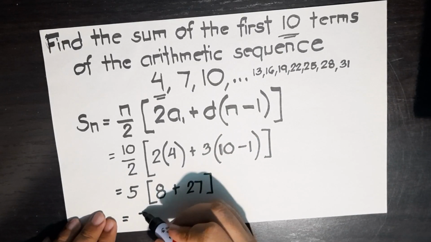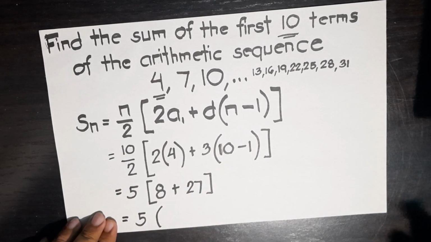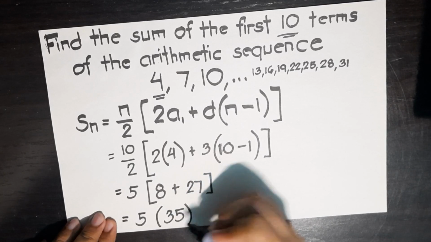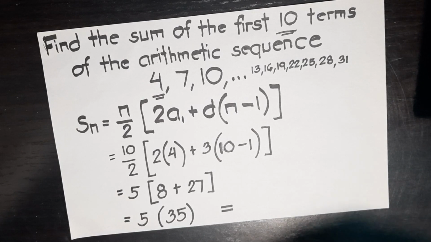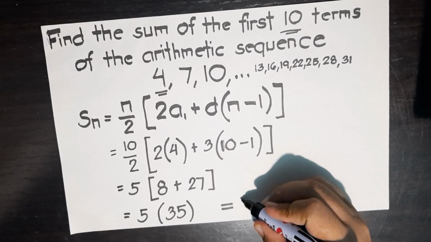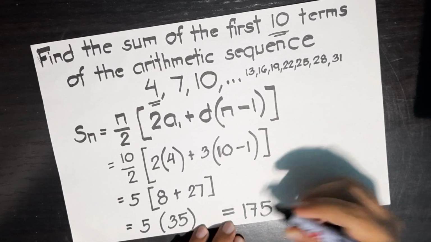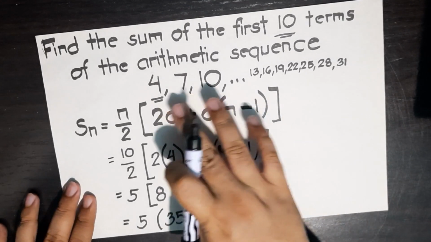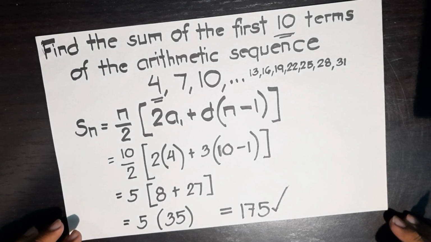So 5 times 8 plus 27 will give us 35. Then 5 times 35 will give us 175, which is our final answer. Which means the sum of these first 10 terms is 175.